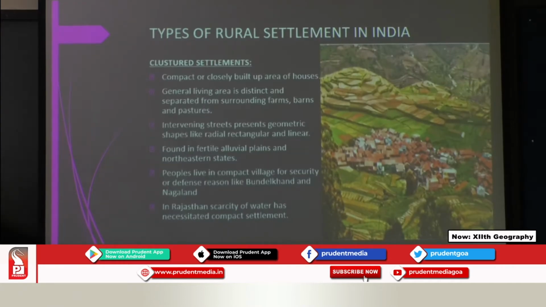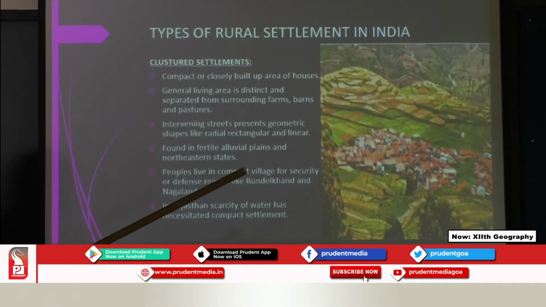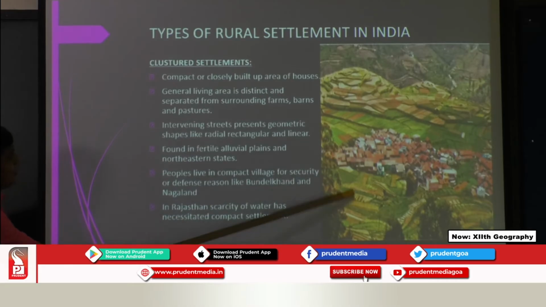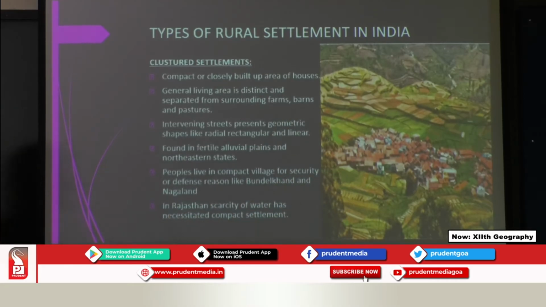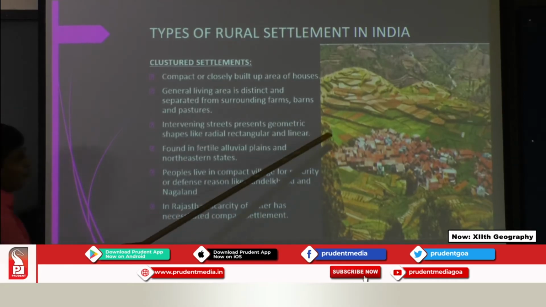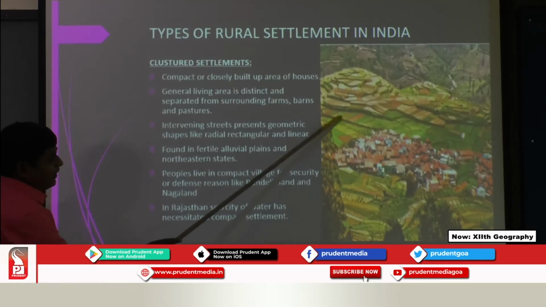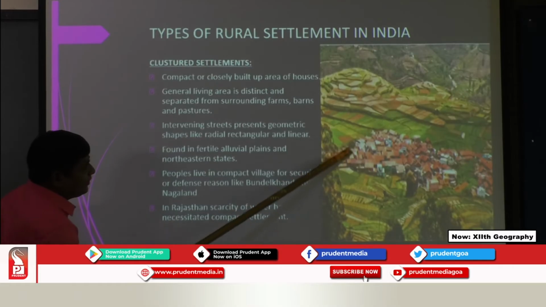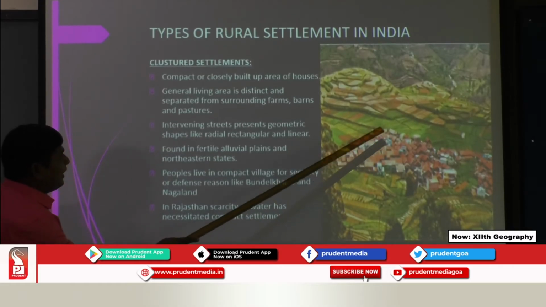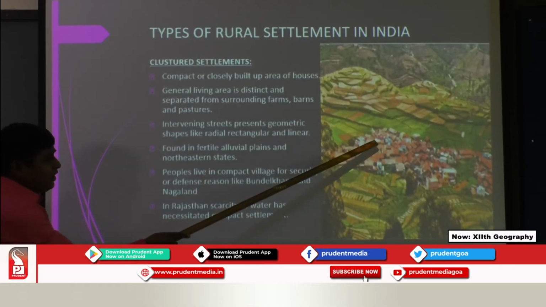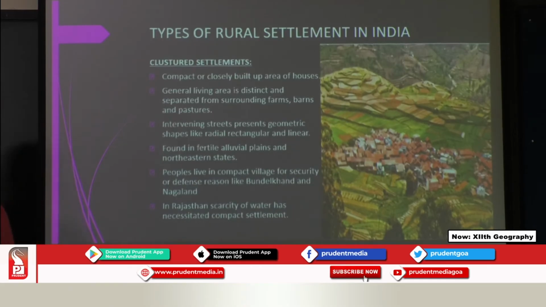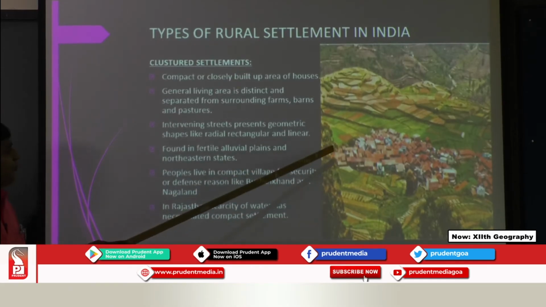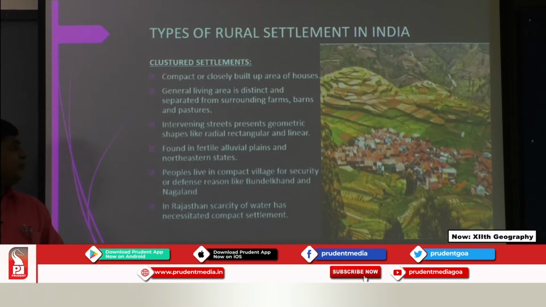Then what is the second feature? You can see the general living area is a distinct area which is separated from the surrounding farmlands and agricultural area. So this area where you find settlements is a general living area with a distinct separation from the farms or pastures.